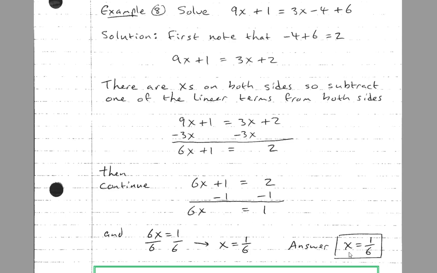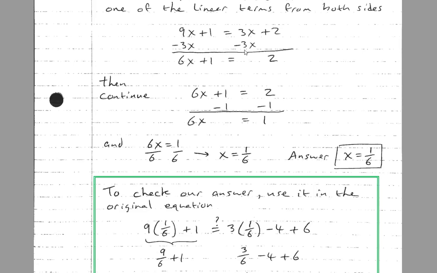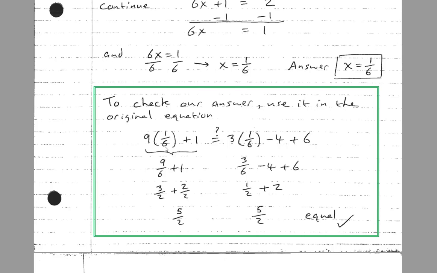Alright, so it looks like x equals 1/6 is the solution we're looking for, so the answer was a fraction. And here we're checking that that answer did work, putting x equals 1/6 back into the original equation.